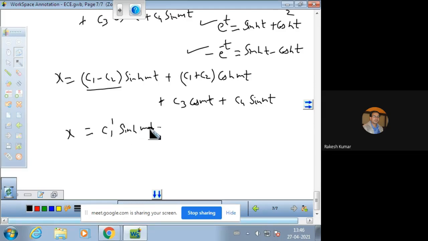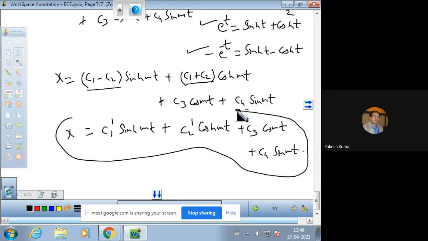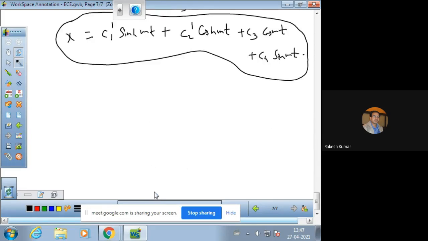C1 plus C2 is another constant, C2 dash, cos hyperbolic mt plus C3 cos of mt plus C4 sine of mt. So this is the solution of the given differential equation. This is another important method for finding the solution of a linear differential equation with constant coefficients. So remember this.